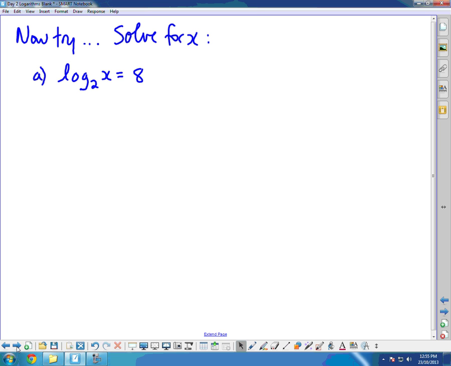So if we're trying to figure out what the x is, we're going to switch to exponential. So for now, these very simple logarithmic equations will be switched to exponential, and then we solve them just like we would have in grade 11.